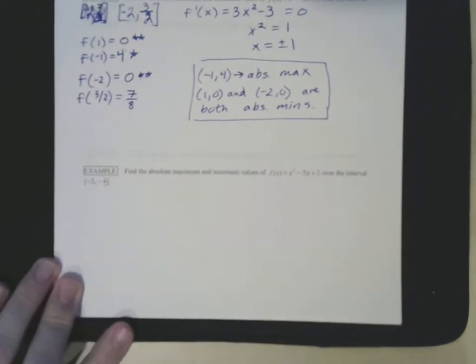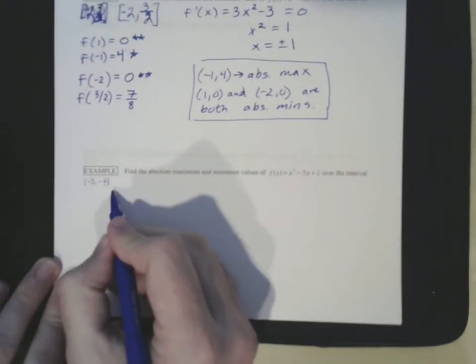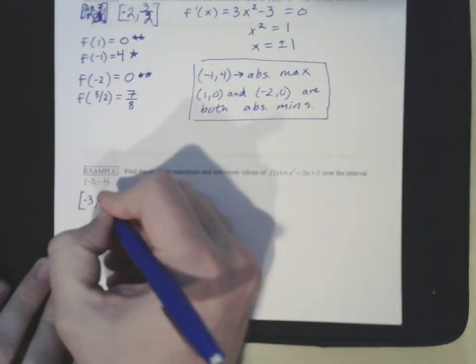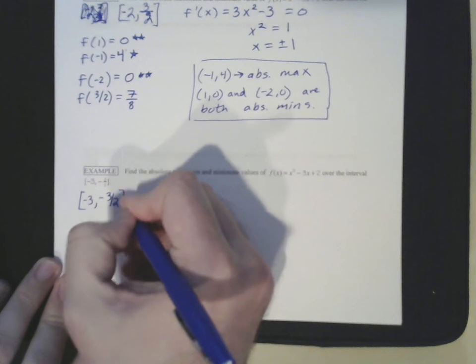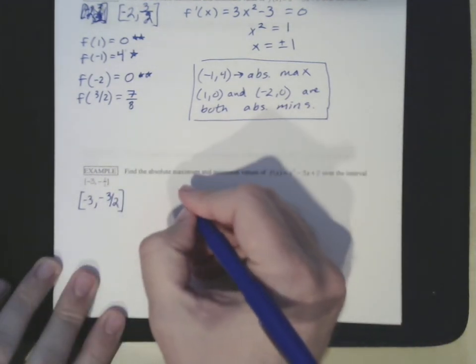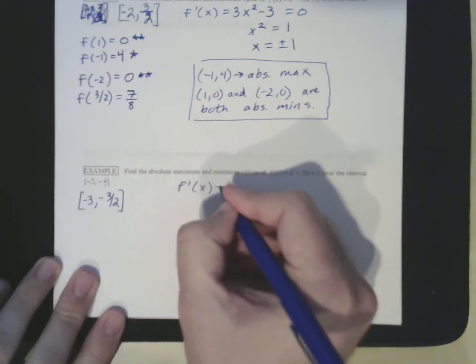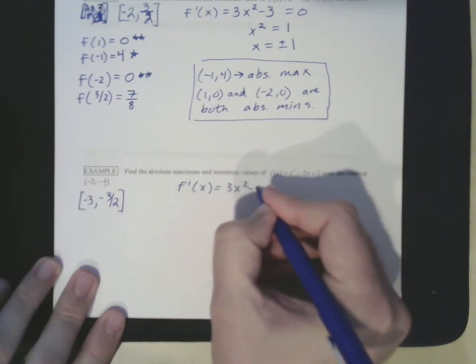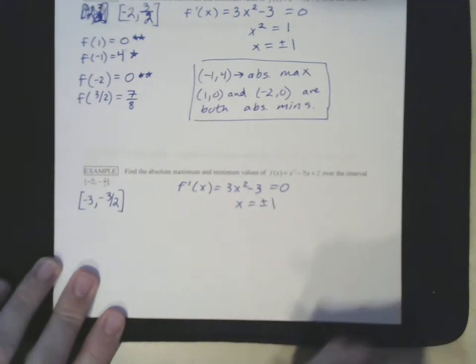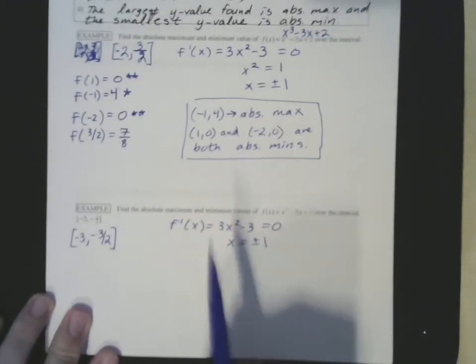Now this is the exact same function, but I've changed the interval. So now we're going from -3 to -3/2. So we're going to change what happens. Our derivative is still 3x squared minus 3, still setting this equal to 0. That's still going to get us x equals plus or minus 1, because it's the exact same function.